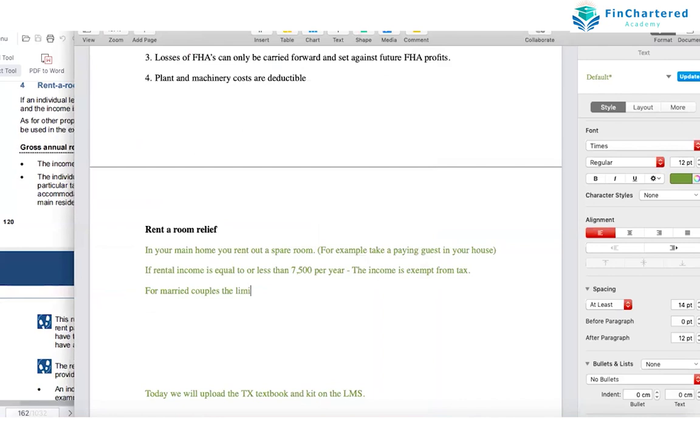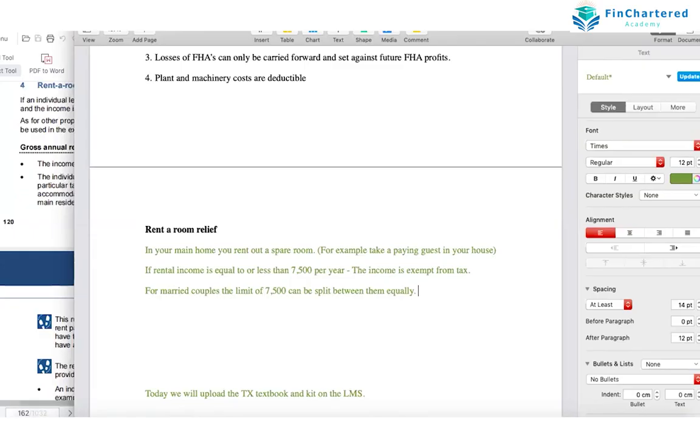Let me kind of make it easy for you. The limit is 7,500, but for married couples, the limit of 7,500 can be split between them equally. Maybe they are splitting the rent equally.